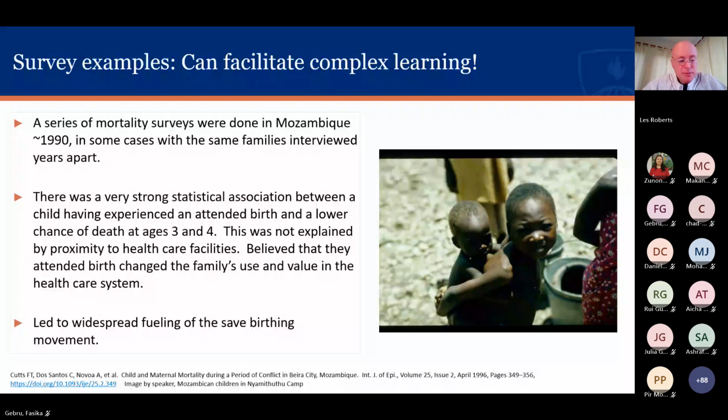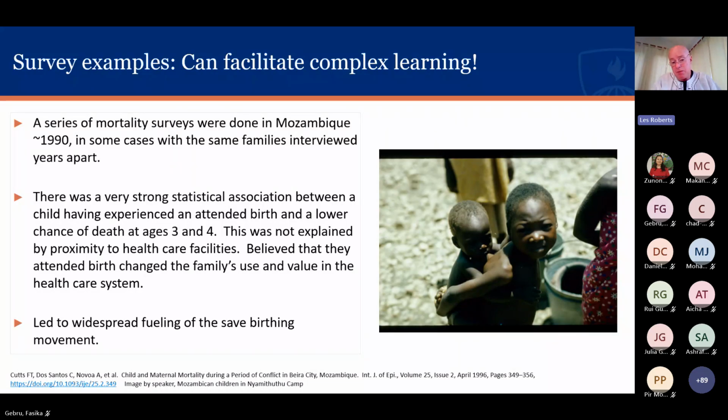Likewise, a couple of women did a series of surveys in Mozambique in the 1990s. And interestingly, if a child had an attended birth, they were way more likely to survive at ages 3 and 4 than a child who was born without a medically trained person attending. And this was not explained by proximity to healthcare facilities.